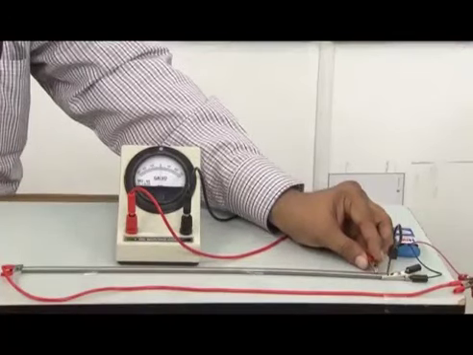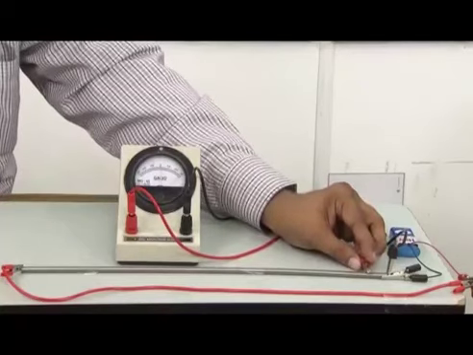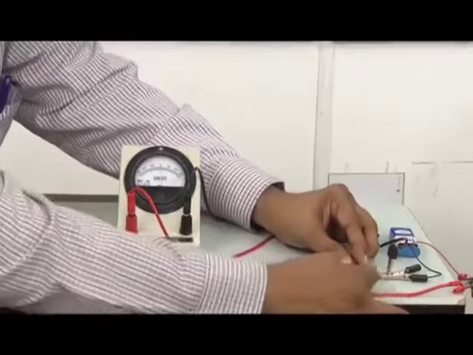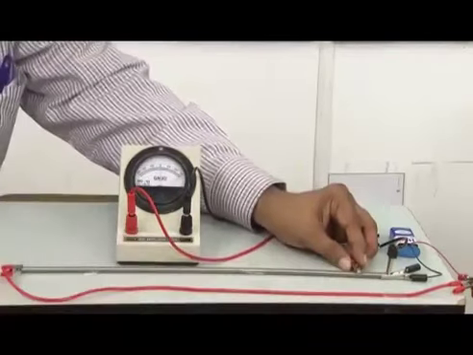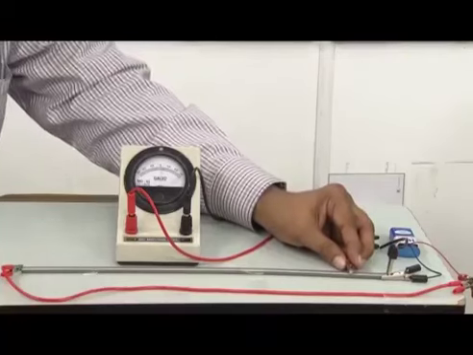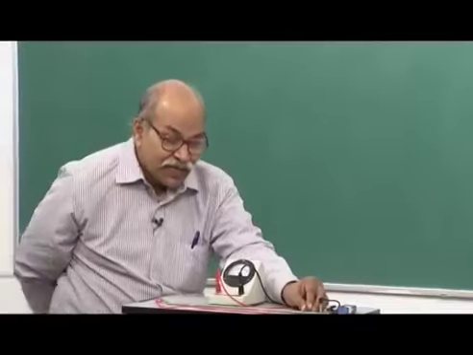Remember, this is in forward bias, and if I increase the voltage, almost nothing changes. I increase it further, and somewhere it starts deflection. This is that point. For silicon I told 0.6 to 0.7 volts. So, that is this point.